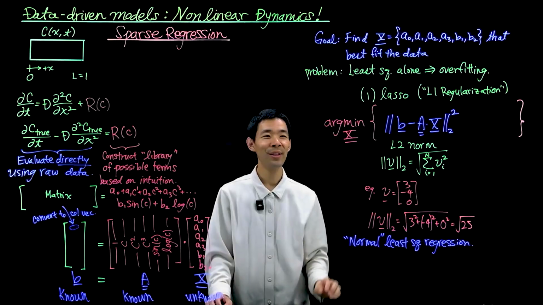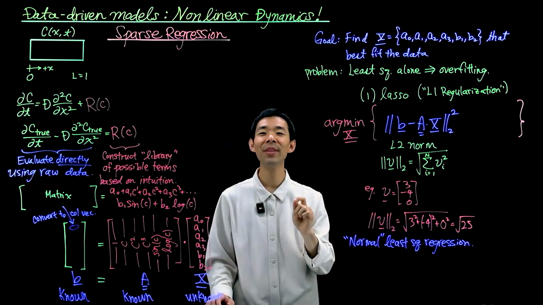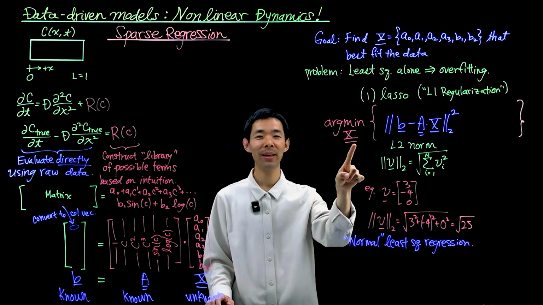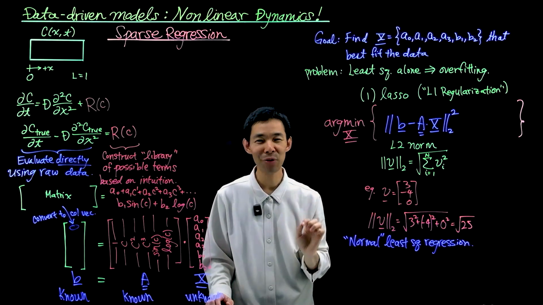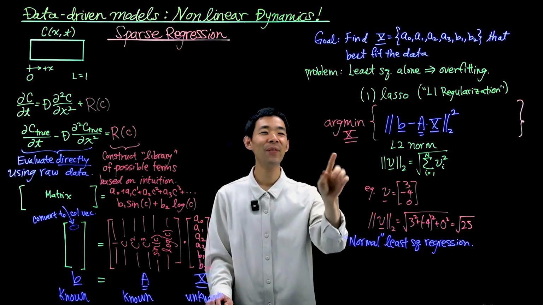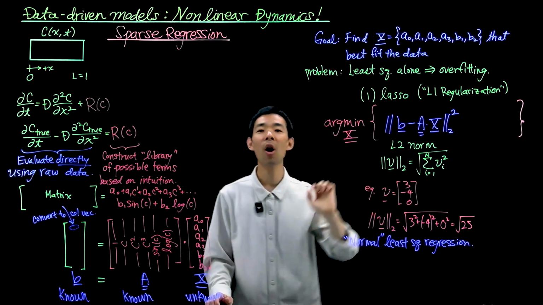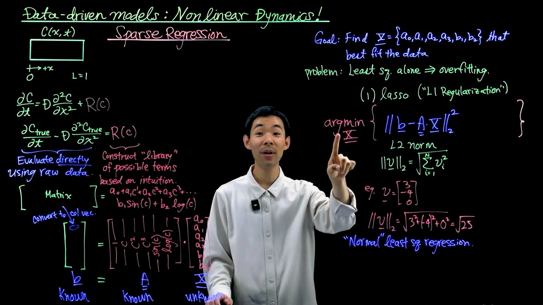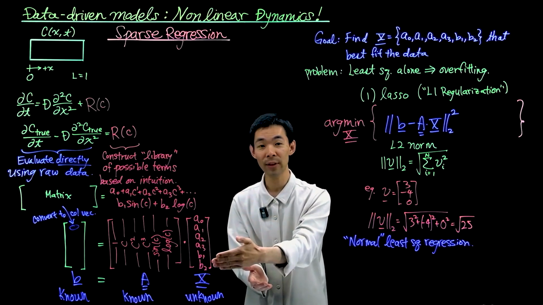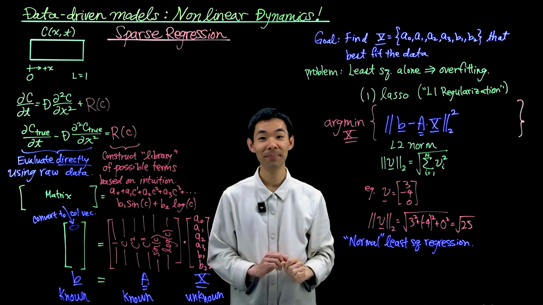It is written as argmin, which is the argument of the minimum. In actual English, it's saying, find me a value of x containing the coefficients that minimizes everything inside the curly brackets.